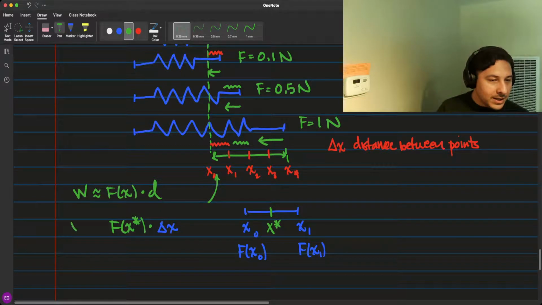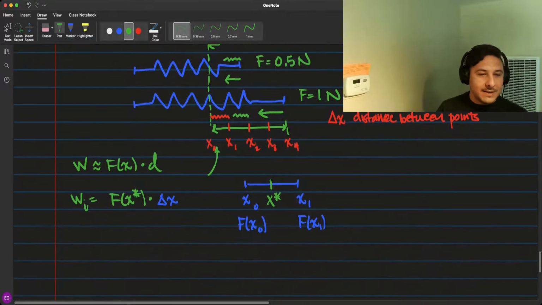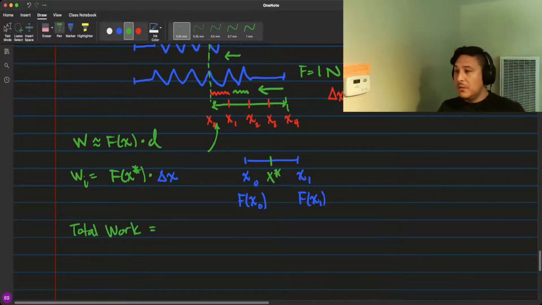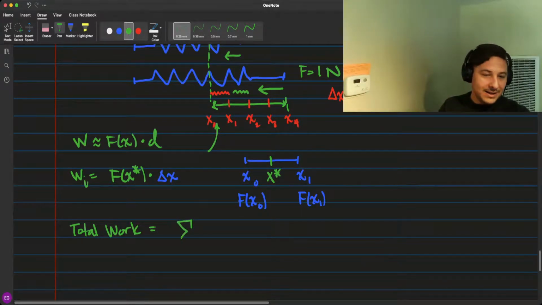So if the work over segment i is equal to f of x star times delta x, what will the total work be equal to, approximately? If that's just the work on one of the segments, what will all of the work add up to? You just take the sigma of that.